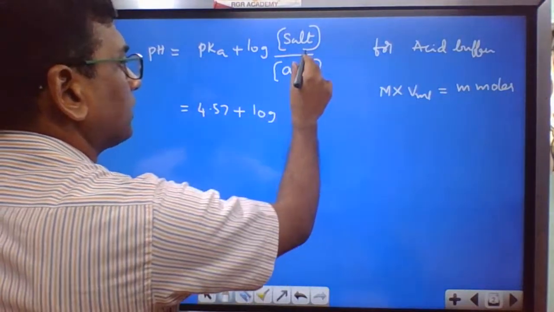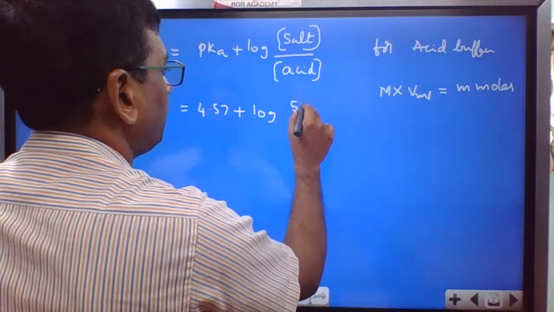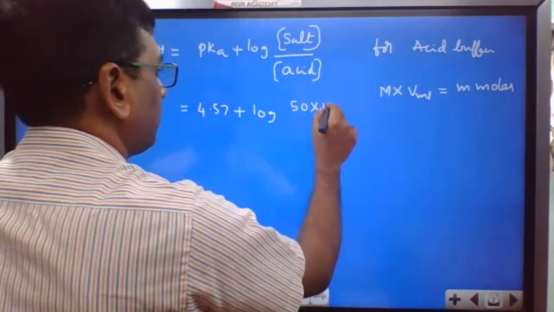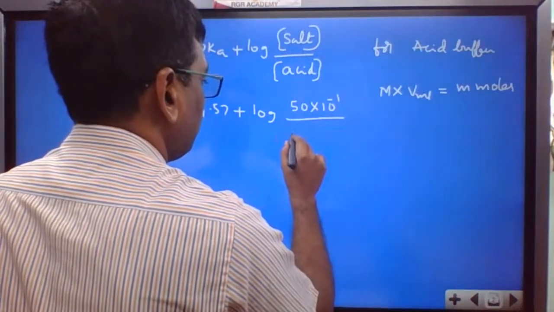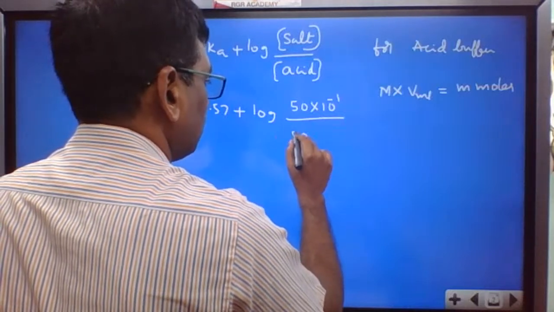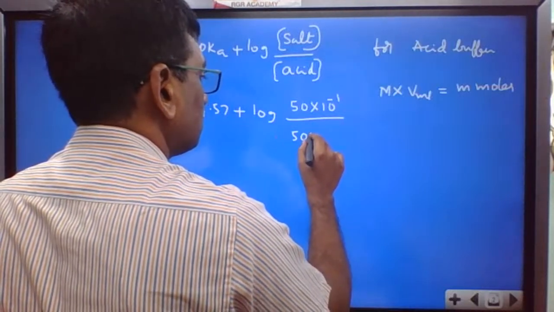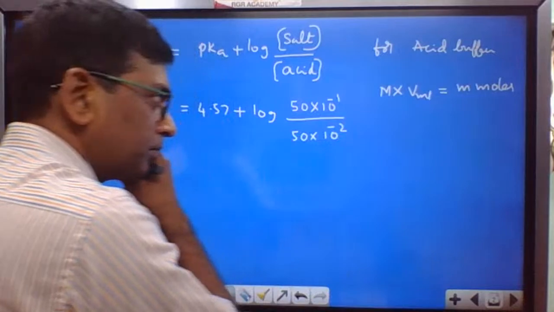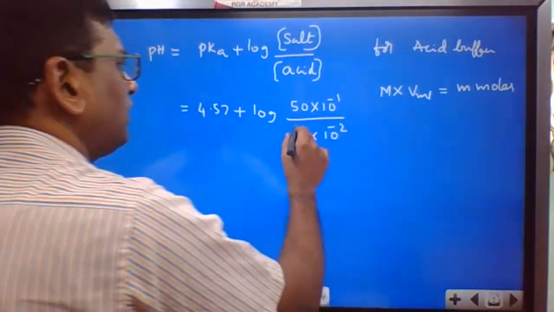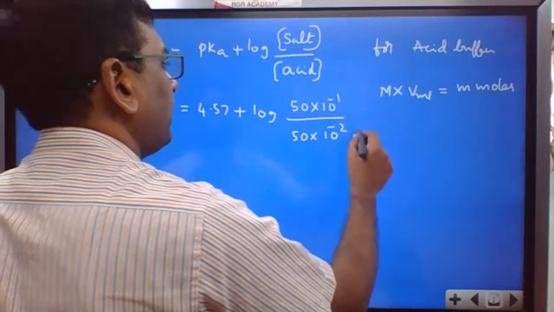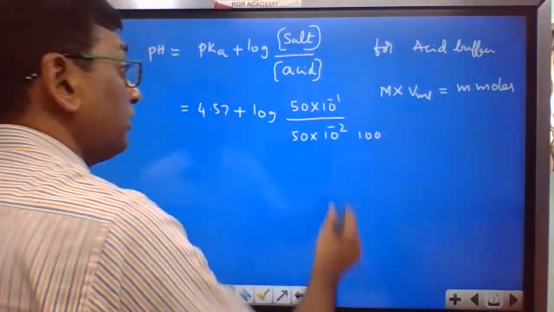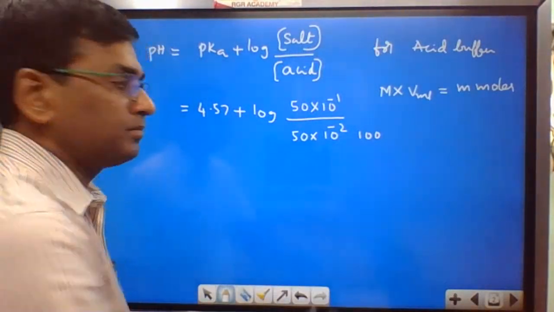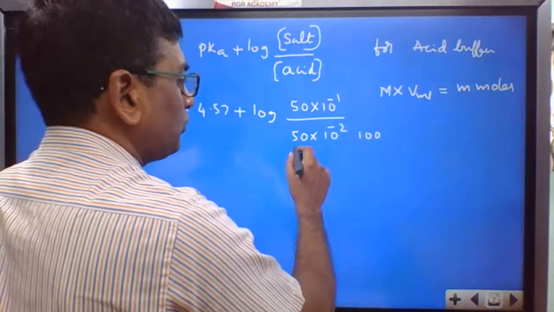Log of salt concentration is 50 into 0.1, so it can be written as 50 into 10 power minus 1 divided by 50 into 10 power minus 2. The concentration of salt is 50 into 10 power minus 1 divided by 100, because in overall volume, what is its concentration? Similarly, 50 into 10 power minus 2 divided by 100.